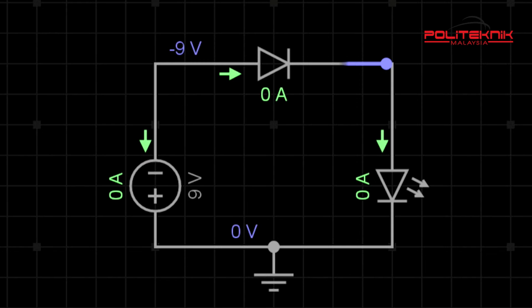The positive voltage applied to the N-type material attracts electrons towards the positive electrode and away from the junction, while the holes in the P-type are also attracted away from the junction towards the negative electrode.